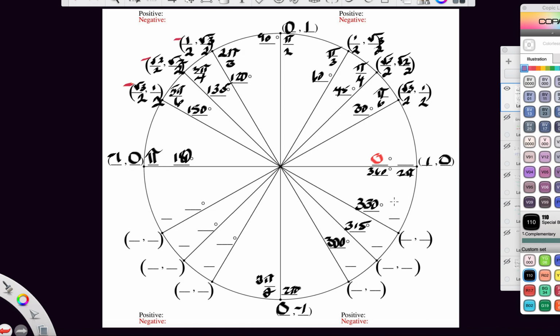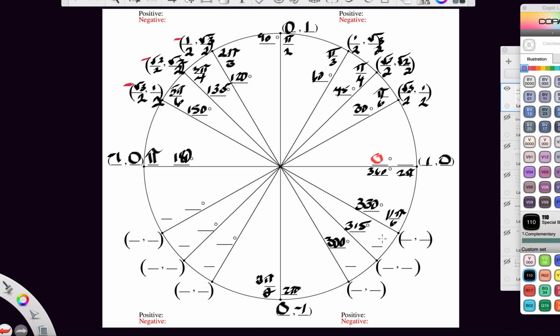Now let's start filling in the radians for these. 2 pi in terms of sixths would be 12 over 6, but it's 1 short of that, so it's 11 pi over 6. Wish I could write better.